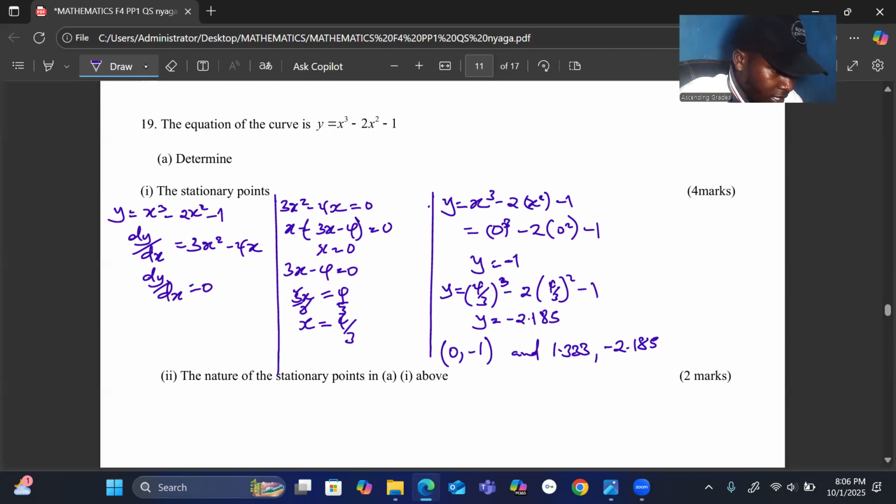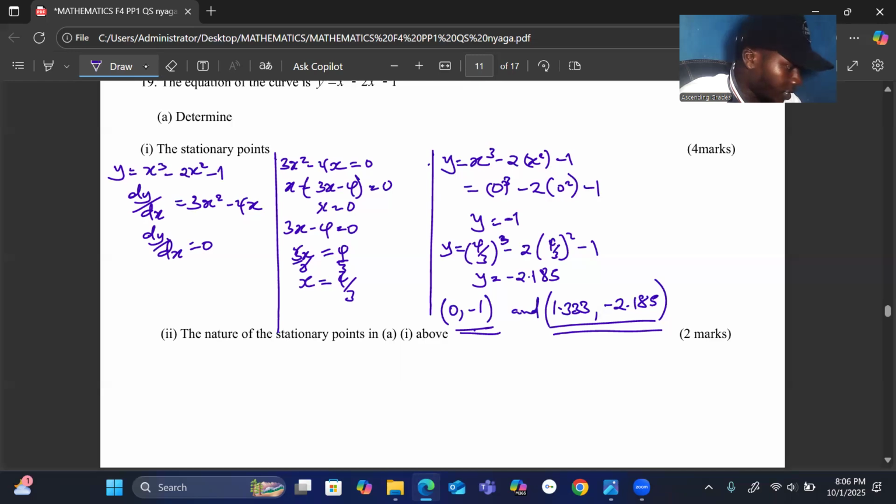So you have 4 over 3, which is the same as 1.33, and y is negative 2.18. So these are the points. So the stationary points are 0, -1, and 1.33, negative 2.185. So that is how you get your 4 marks for finding the stationary points.